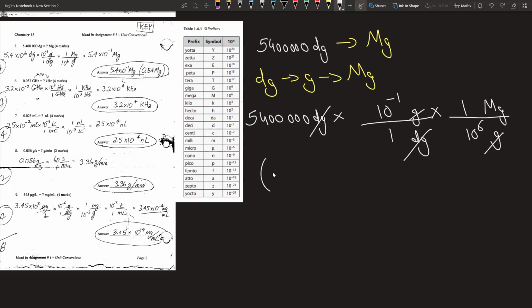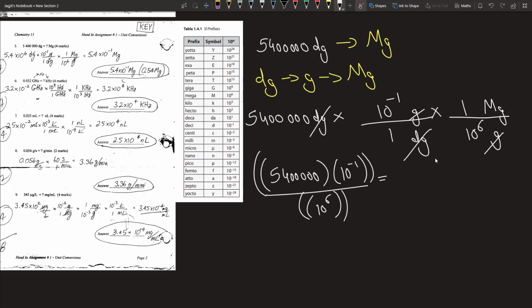So your answer should be 5400000 times 10 to the power minus 1 divided by 10 to the power 6. You have to be careful when you punch it in and put brackets. I would put another bracket so my calculator knows which guys are at the top and which guys are at the bottom. If you punch it in properly, you should get 5.4 times 10 to the power minus 1 megagrams. Do you guys understand this?